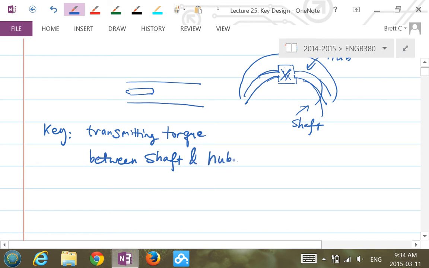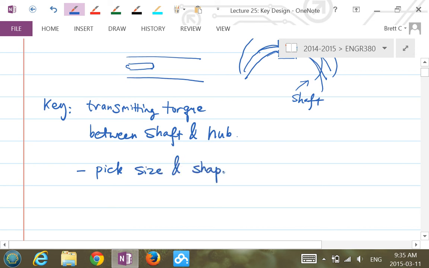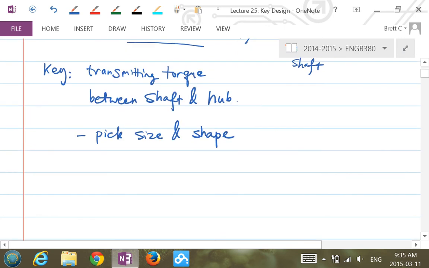So that's basically what the key does. And when we pick the key, we look at the different keys. Essentially we're looking at the size and the shape of the key.